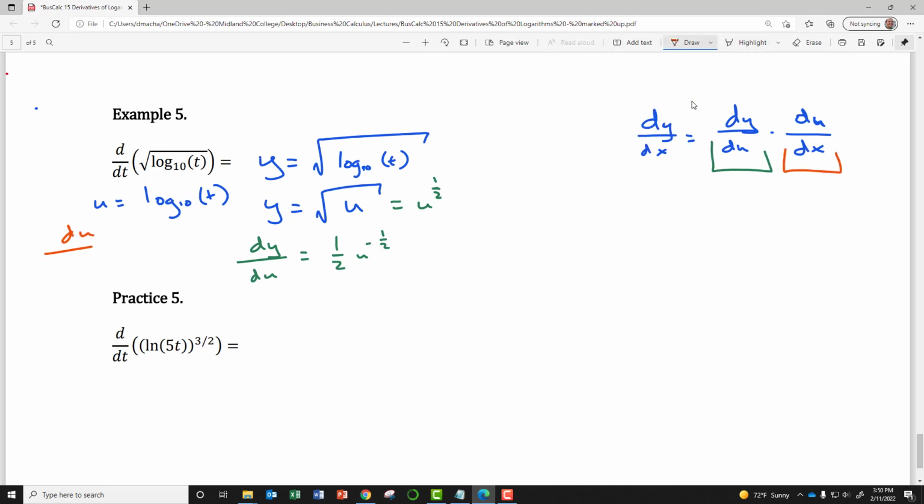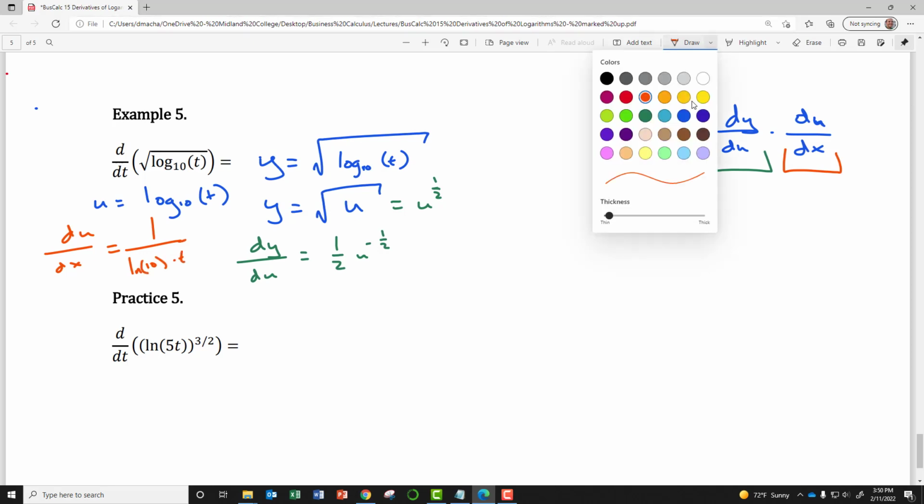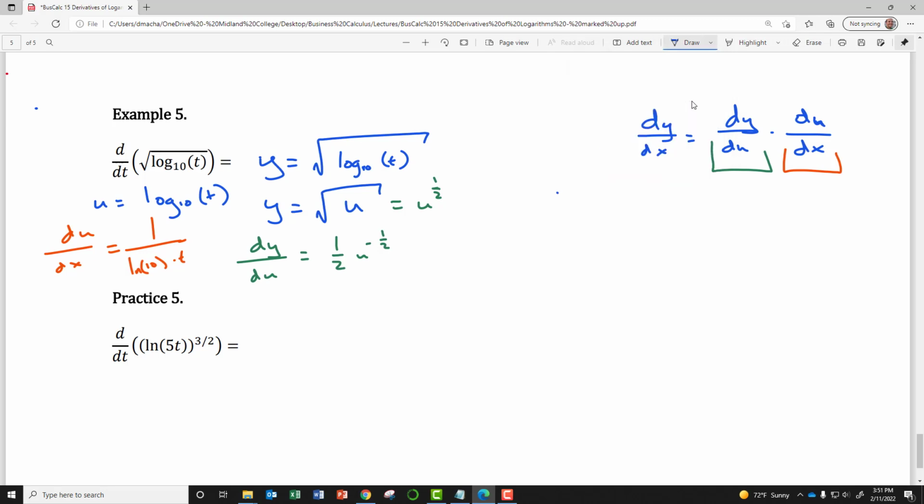So taking the derivative of u with respect to x, well, this derivative we've just learned is 1 over natural log 10 times t. Okay, so putting it all together with my derivative chain rule tells me that my dy dx, which is what I'm looking for, is equal to 1/2 u to the negative half power times 1 over natural log 10 times t.